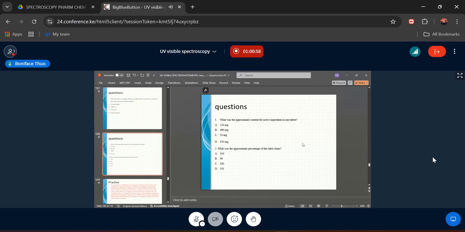Then, the pharmacopoeia normally gives a range. It will say the content should not be less than 90% or 95%, and not more than 105% or 110%, depending on the compound.